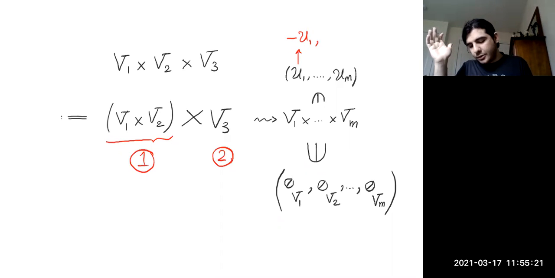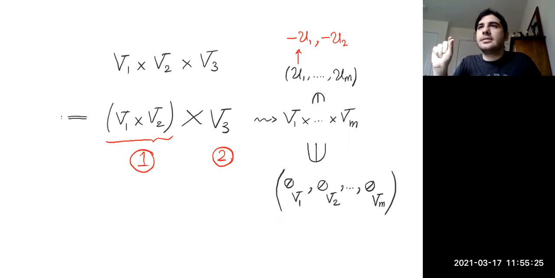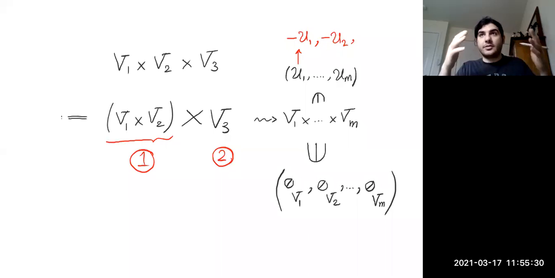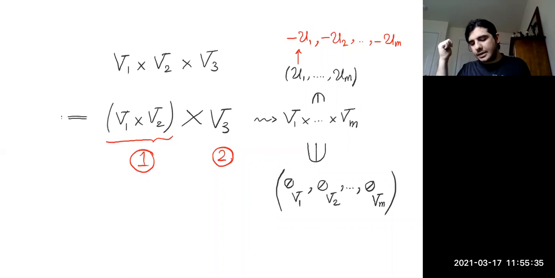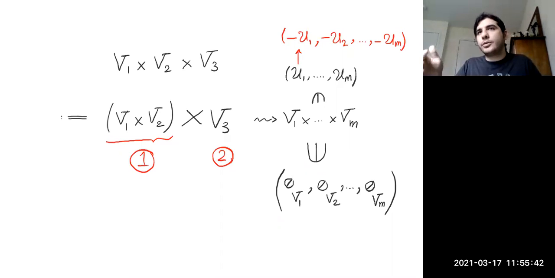And for example, U2 in V2 has its own additive inverse. Because each of them is a vector space, we can do this for all of them, and we get a new vector, minus U1, minus U2, up to minus Um, right? And that would be the inverse of this whole vector U1 up to Um. Okay, so that's the concept of the product of vector spaces.